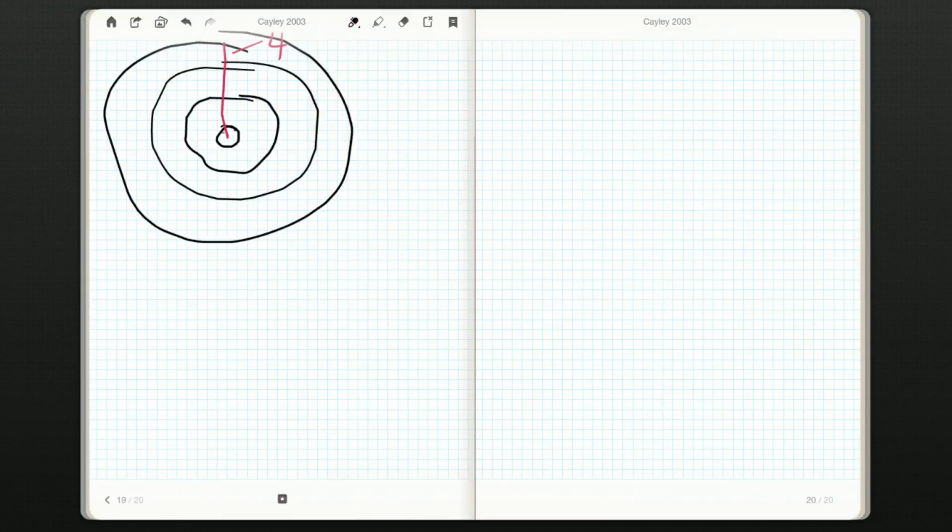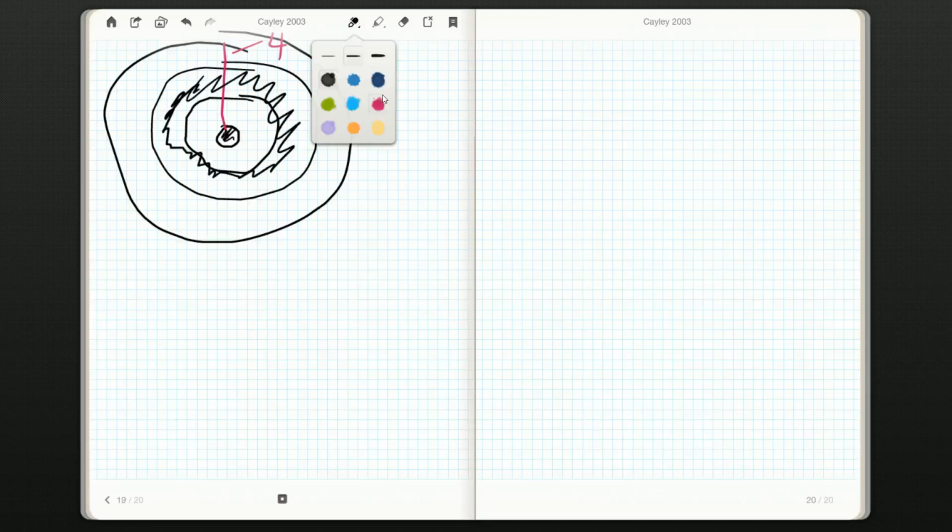And then I've shaded in here, and I have shaded here. The tiny dot has a radius of 1. And the ring here has an inner radius of 2 and an outer radius of 3. So we're using all the information they gave us. We need every single radius of the circles.